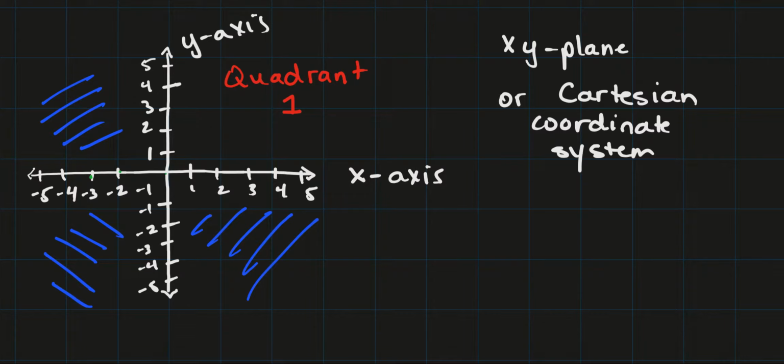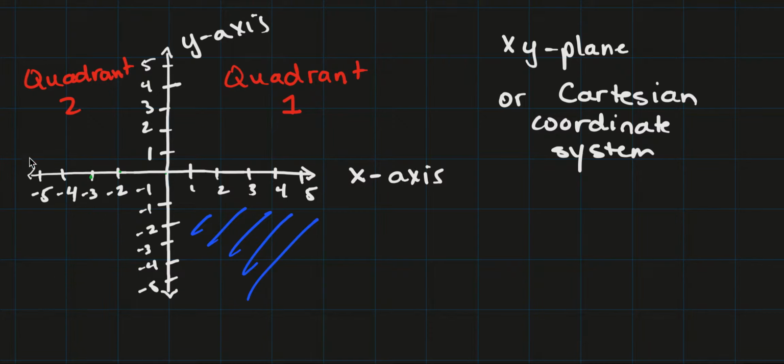And then this section is quadrant 2. This one is quadrant 3. And this last section is quadrant 4.